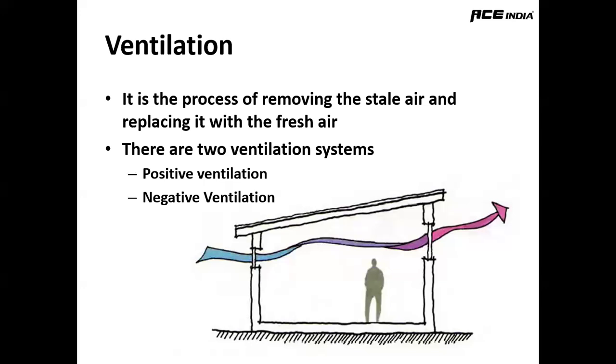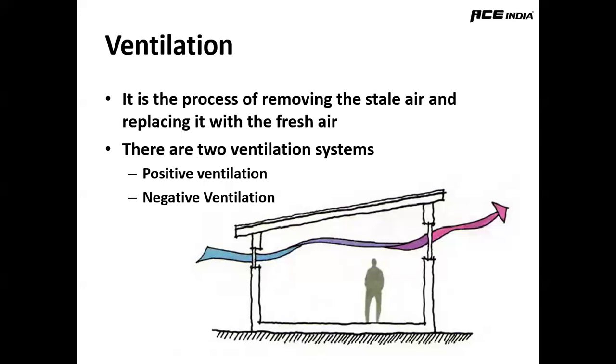Once this fresh air fills the existing area, what will happen? Eventually the exhaust air, which is the stale air, will be pushed outwards, isn't it? So this is how positive ventilation works. Is it clear, guys? Fair enough. This is the concept of positive ventilation.